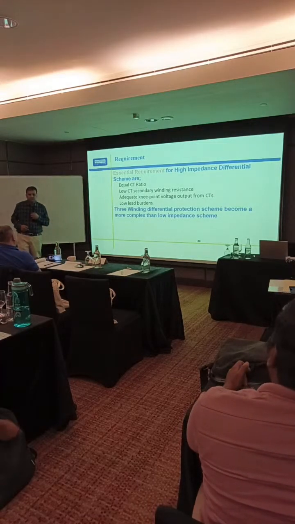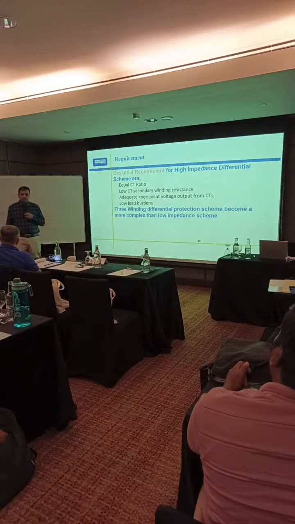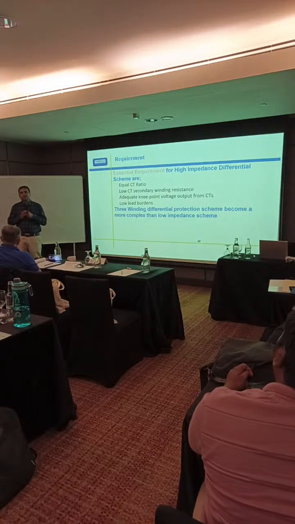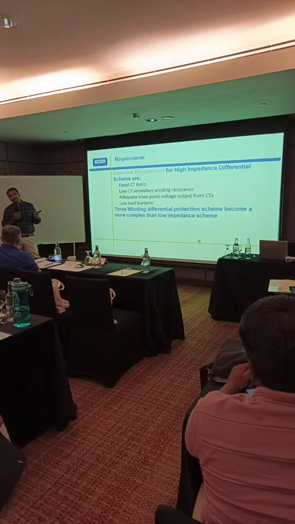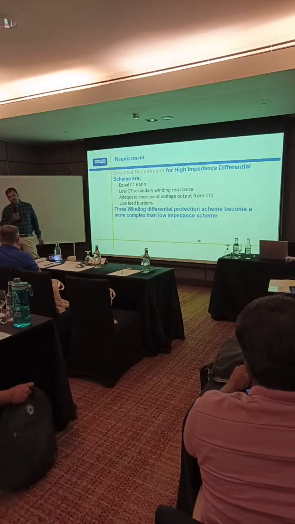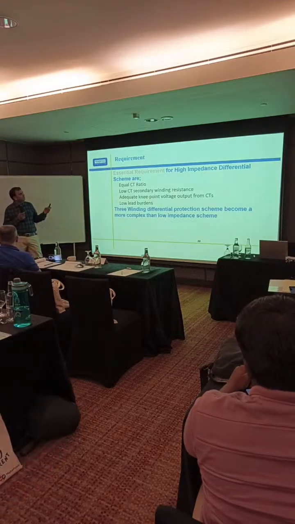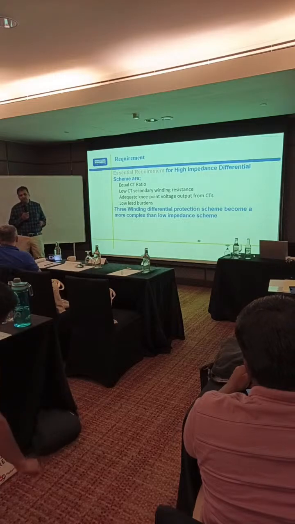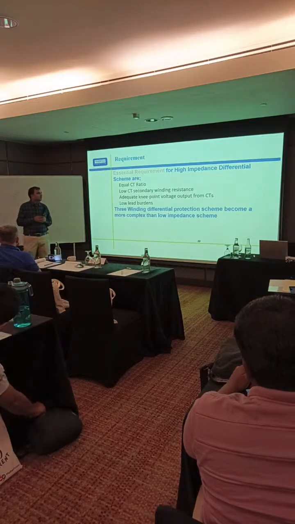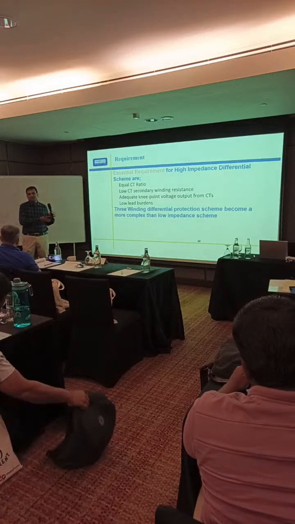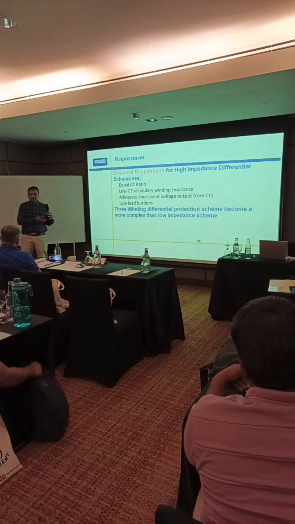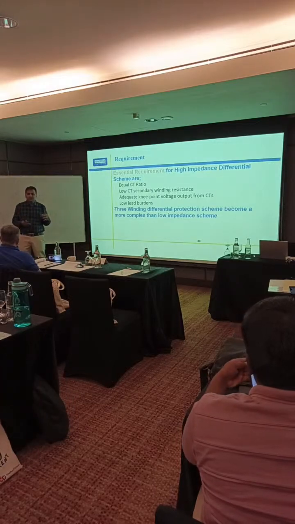How do you decide to use high or low impedance differential? Generally, since numerical relays are there, we are not using high impedance differential. Why? With a high impedance differential, only the differential protection is there, but we do not get much analysis.